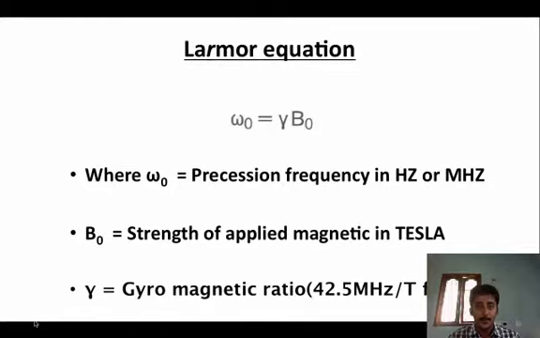So hence, as we previously described about the magnetic resonance sensor, there we have the bias magnetic field and the applied magnetic field. Here the bias magnetic field is B naught, which controls the frequency of precession of the proton.